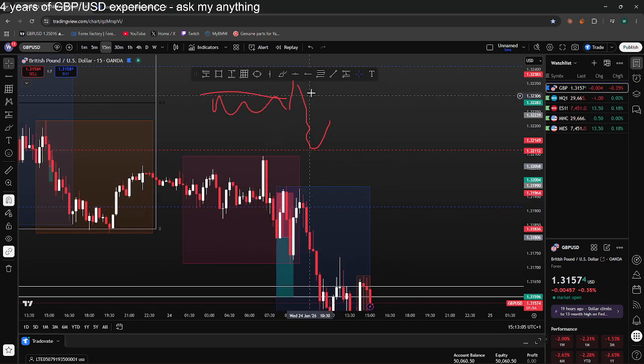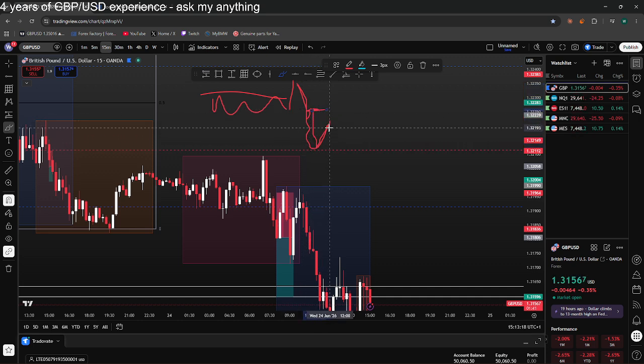So that's us coming down, and then up here is the 1 minute imbalance. And then most times, let's say there's some sort of high here, and people set their stop loss right here. If we come up and we sweep out that high and then we go lower, that's just going to wick a load of people out.